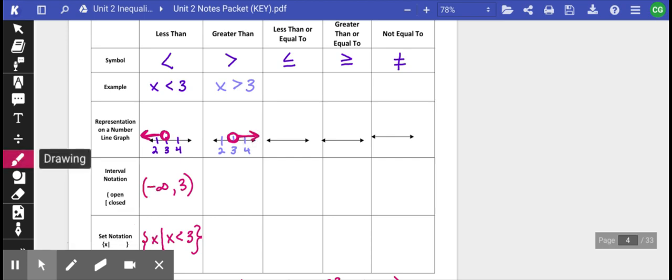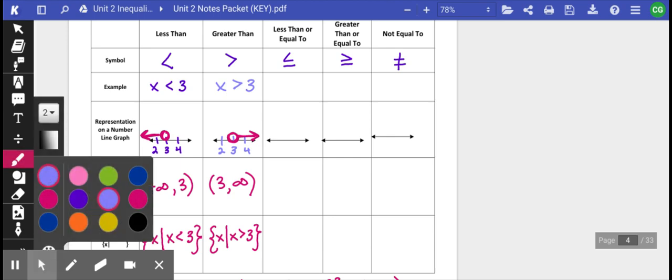So again, my interval goes from low to high. In this case, I can start at 3, and I'm going to go towards infinity. My set notation, again my French brackets: the set of x's such that x is greater than 3.